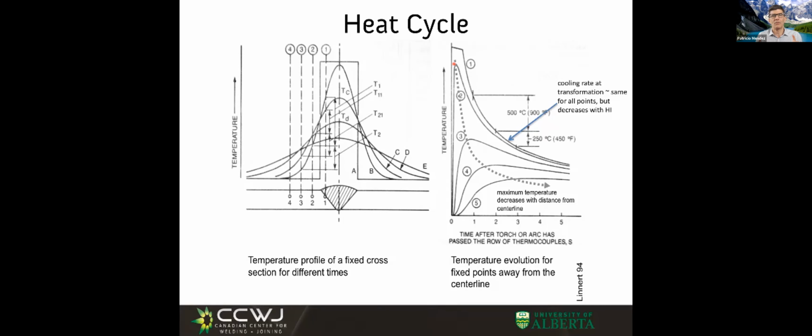So if we have very different microstructures, but we have the same material with the same cooling rate, what was different? Why do I have different microstructures in the heat-affected zone? And I would like to hear a theory here in the chat.